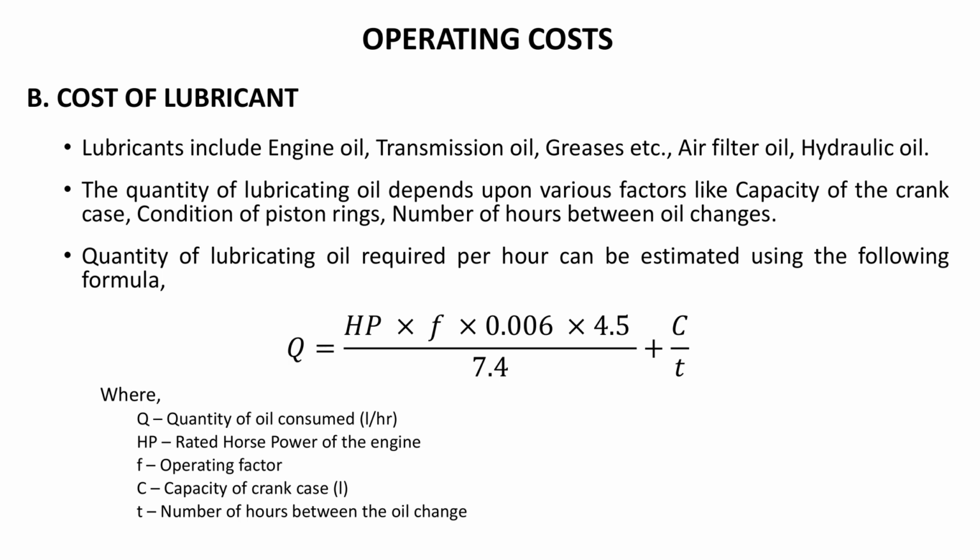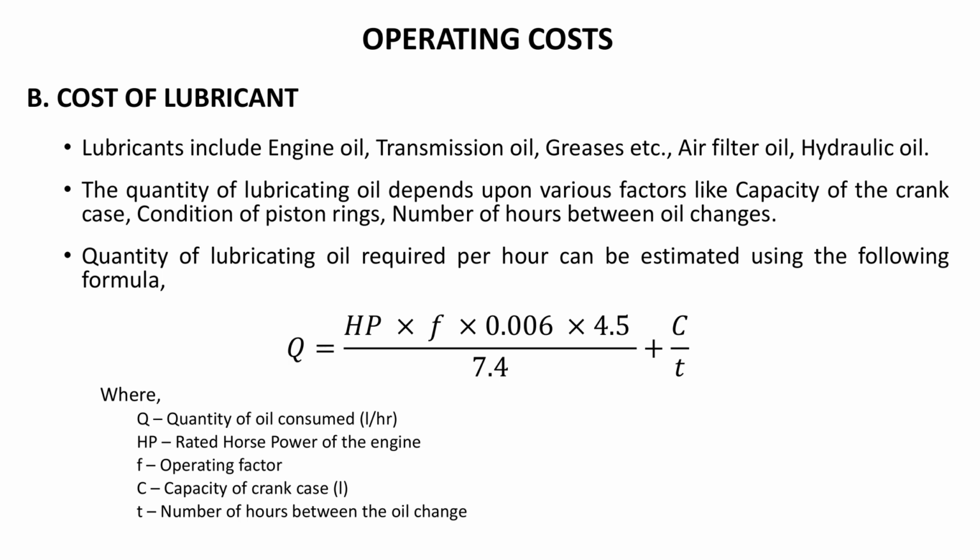Cost of lubricant. Lubricants include engine oil, transmission oil, greases, air filter oil, hydraulic oil, etc. The quantity of lubricating oil depends upon various factors like capacity of the crankcase, condition of the piston rings, and number of hours between oil change.